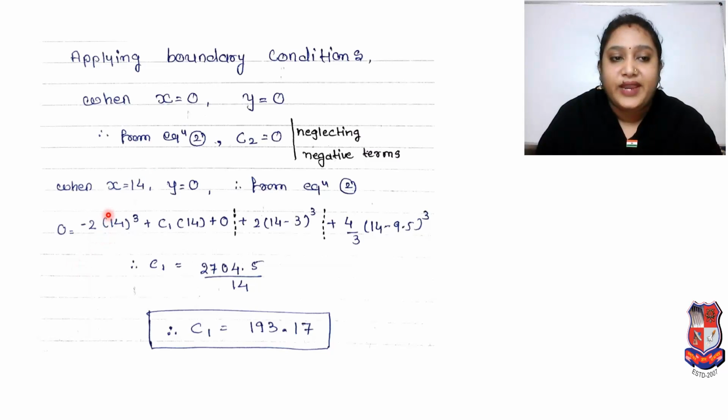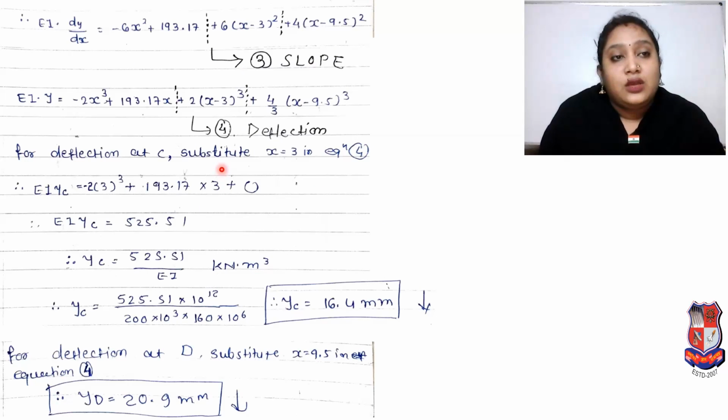So here 0 minus 2 (14) cube plus C1 (14) plus 0 plus 2 (14 minus 3) whole raised to 3 plus 4 by 3 in bracket (14 minus 9.5) whole raised to 3. If you simplify that, you will get C1 is equal to 2704.5 divided by 14, and by simplifying that finally you will get the constant value C1 equal to 193.17.